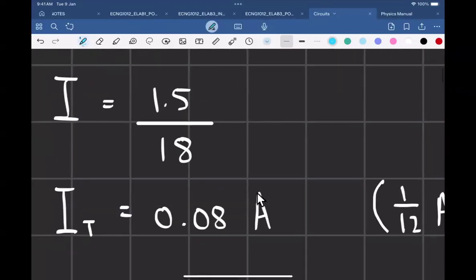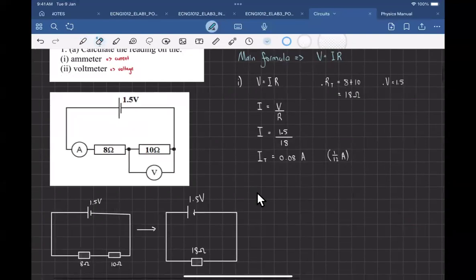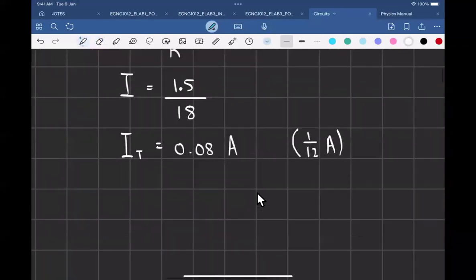That's 1.5 over 18. It's supposed to get 0.08333. Since we're rounding it off to two decimal places, though, it'll be 0.08 because the first decimal place, the second, and after that is 3. So you just say 0.08.